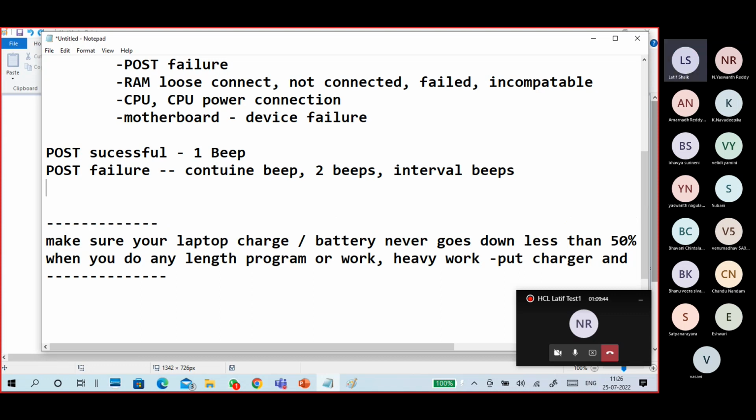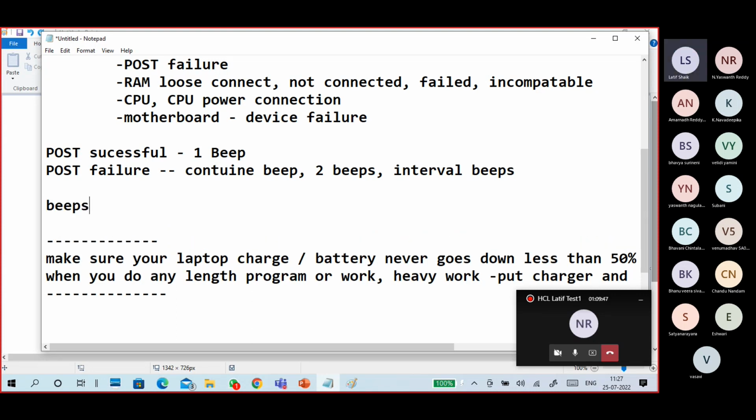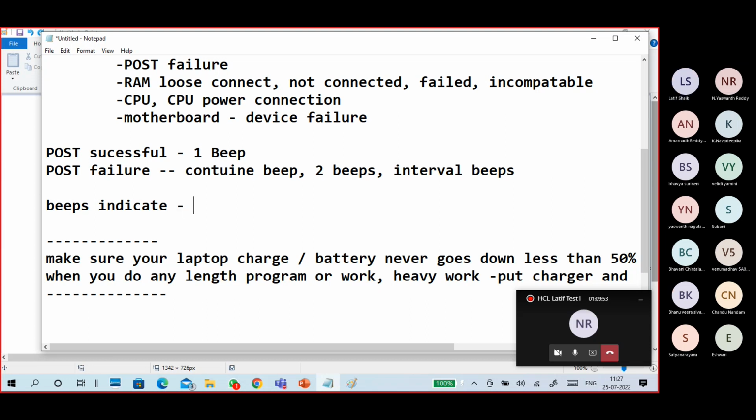So it indicates, beeps indicate, so beeps indicate what we can say.